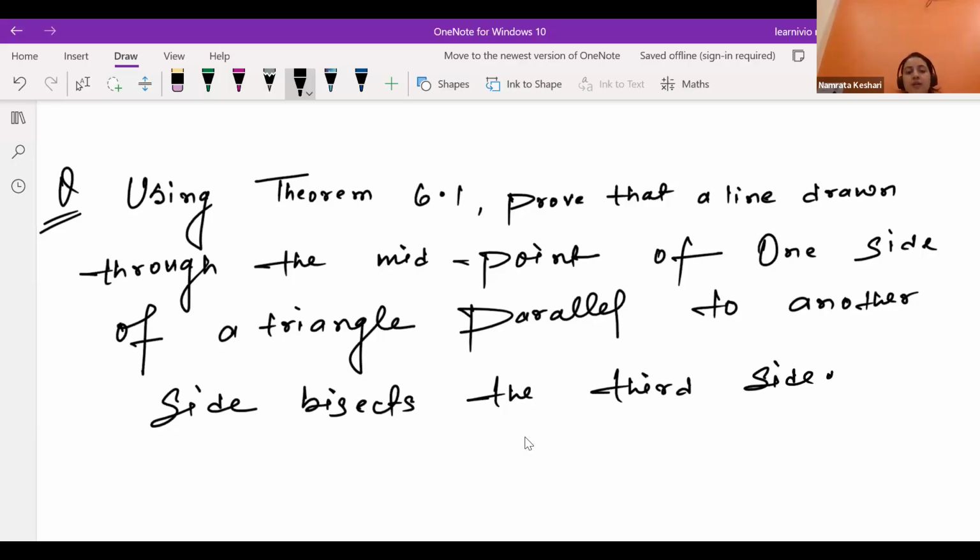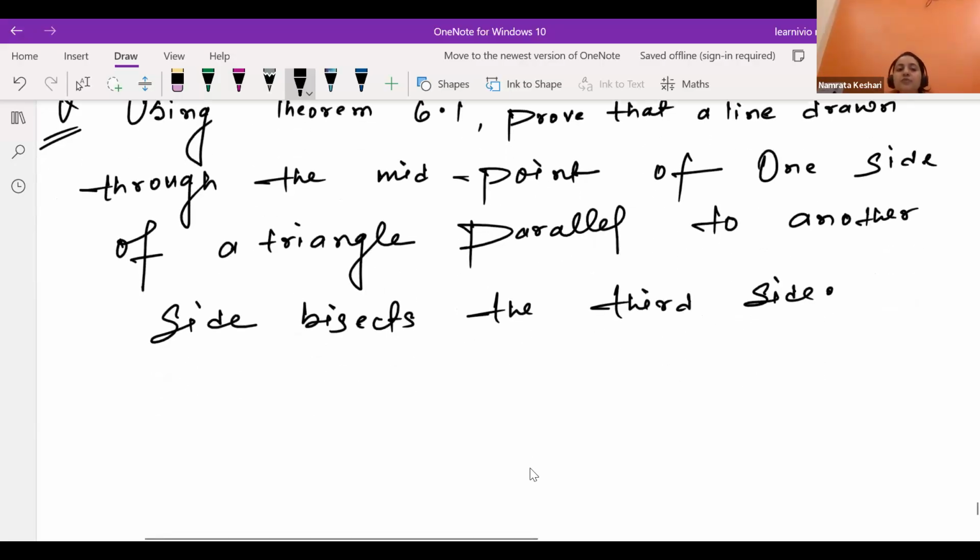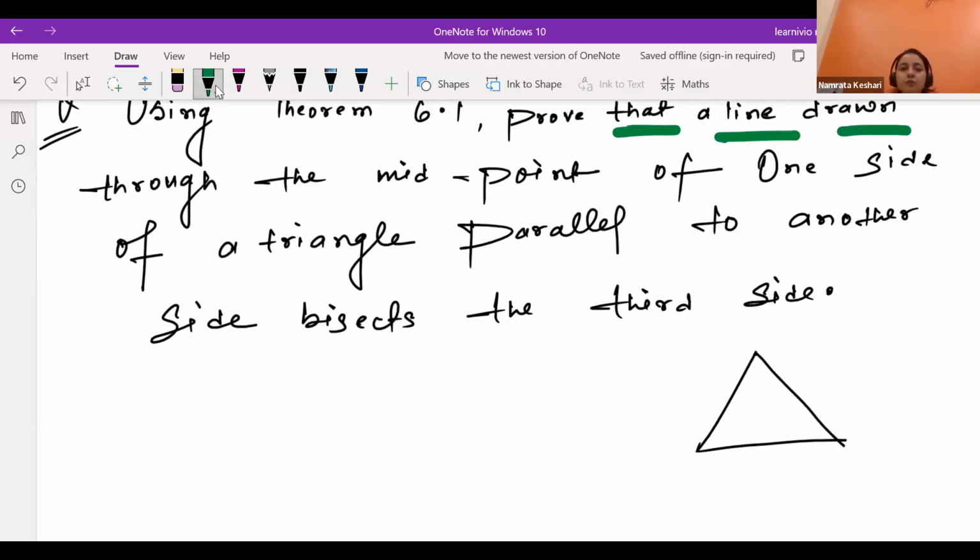Okay, using this theorem we are supposed to prove that, if we have a triangle, a line drawn through the midpoint of one side of a triangle parallel to another side. Suppose this is a triangle ABC, and we draw a line through the midpoint of one of the sides.